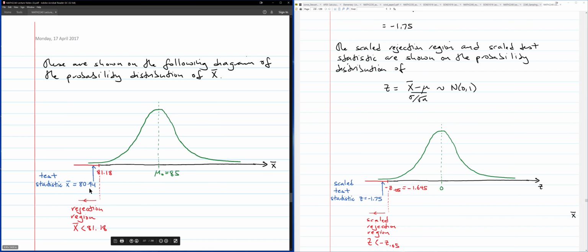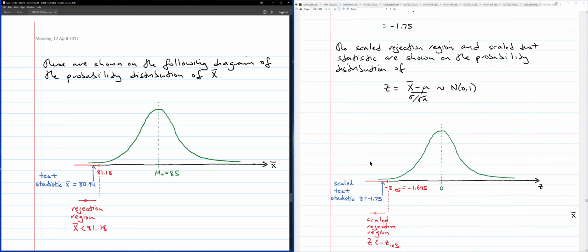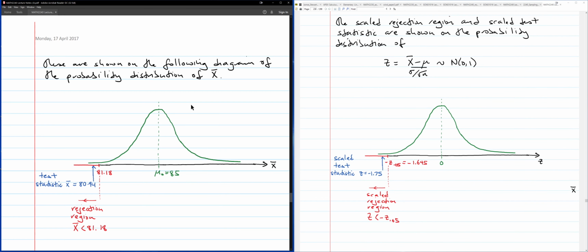When you scale this test statistic of 80.94, you're going to get minus 1.75. So the picture for the x bar scales for the Z, your rejection region scales, and your test statistic scales.